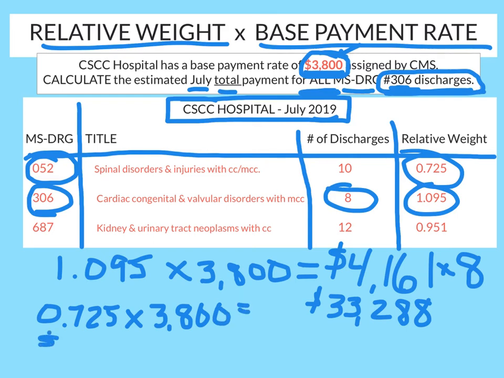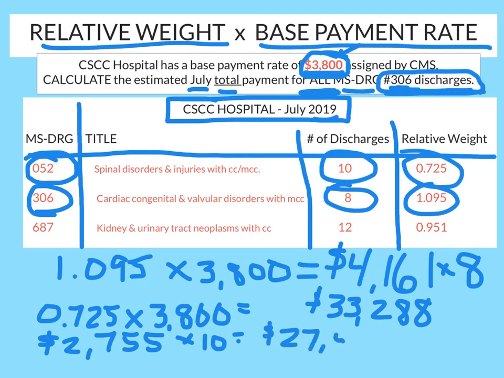This leads us to $2,755 per patient, and we want all discharges. We had 10 patients discharged with this MSDRG assignment. So times 10, and that would give us $27,550. So this just kind of gives you an idea of how things are calculated on the hospital side.